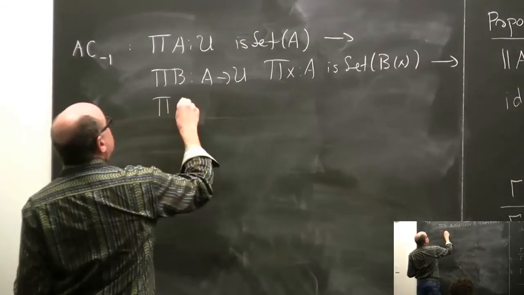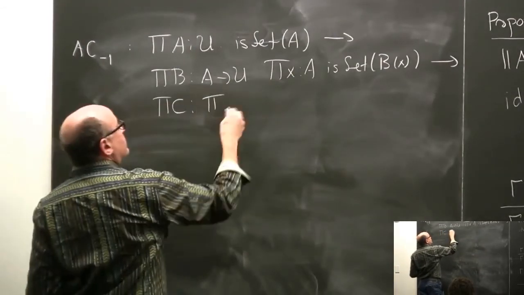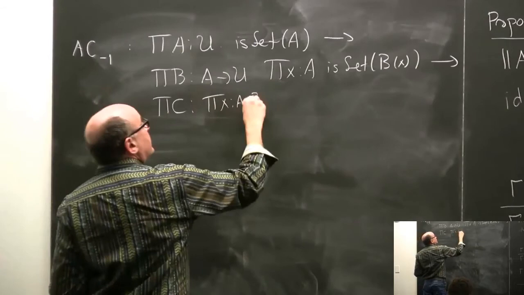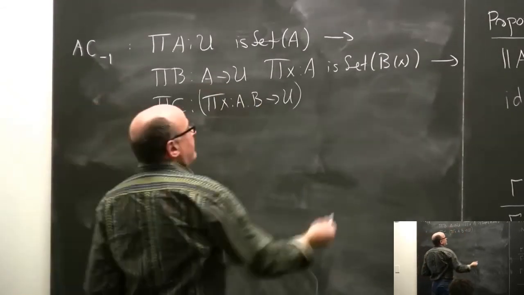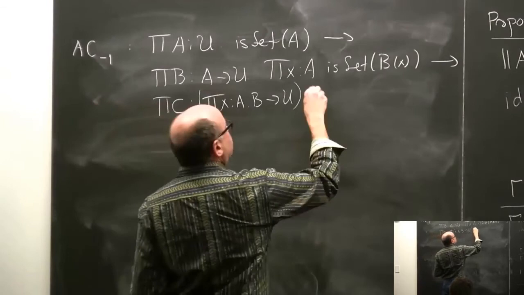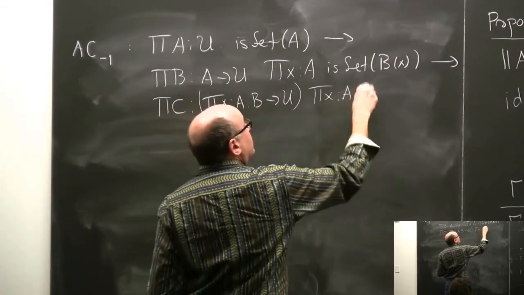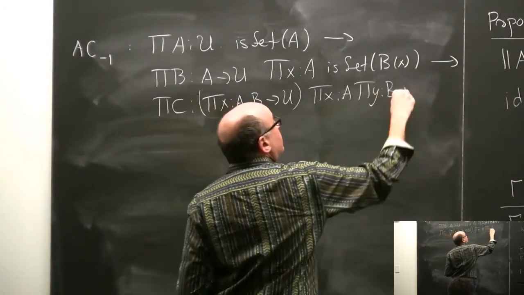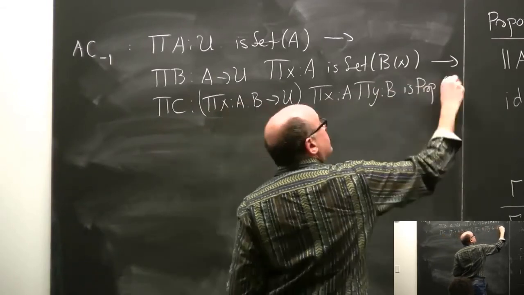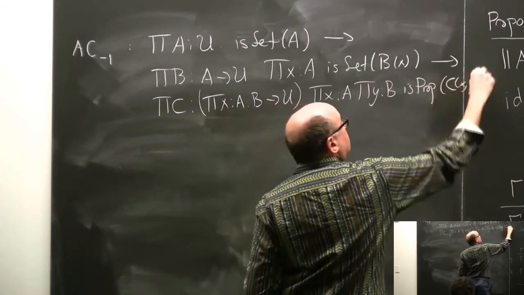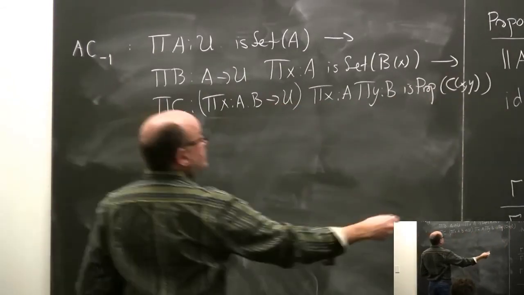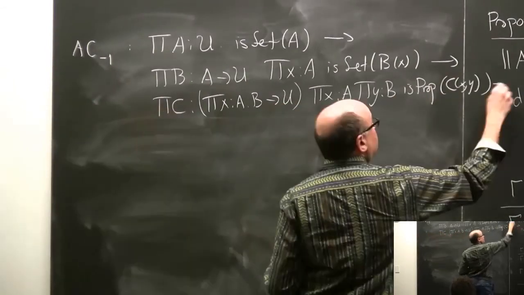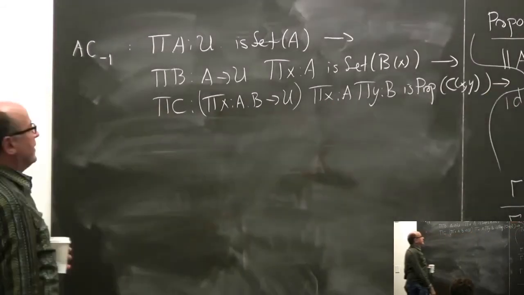And you give me a relation, which I described there as pi x in A, B arrow U, but it's going to have the property that for every x in A and every y in B, that instance, C of x, y, is a prop. So that's where the -1 comes in. Then there's another arrow there. Sorry about that.